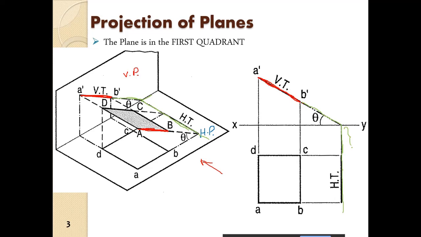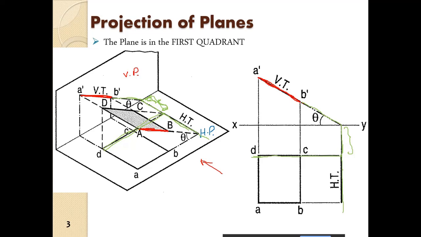Now this distance will be given. So at that distance, we draw the normal to the horizontal trace.